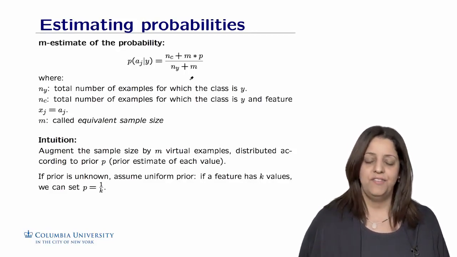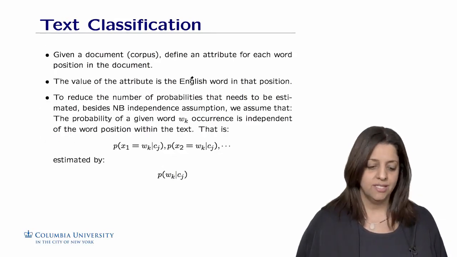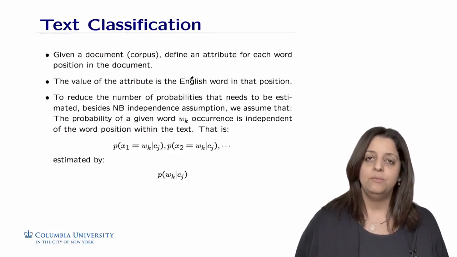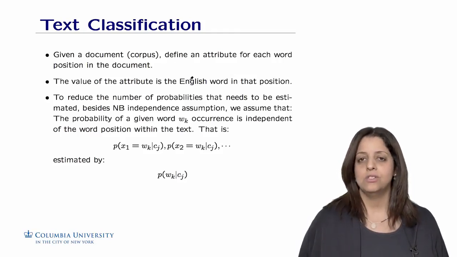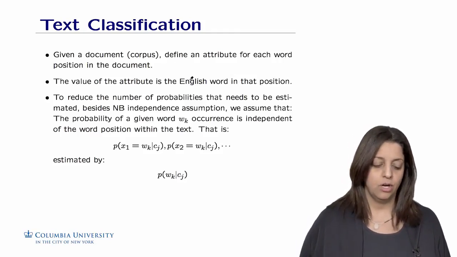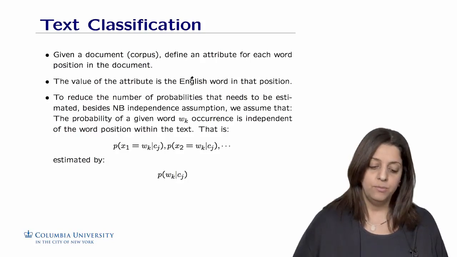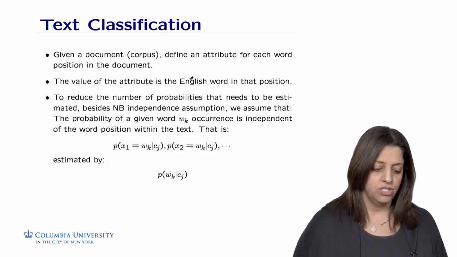Okay, so for text classification specifically, we have a corpus of documents. We define an attribute for each word position in the document. So it means that we are going to consider the main vocabulary in the corpus. The value of the attribute is the English word at that position.